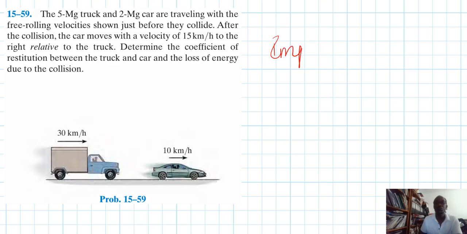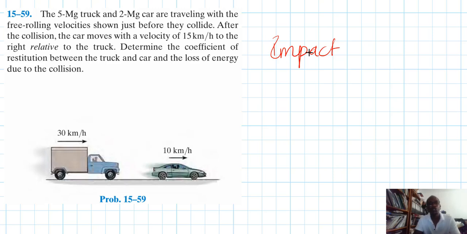So we are dealing with what we call impact, and this occurs when two objects collide with each other over a short period of time. As a result, it creates relatively large impulsive forces that act between these particular objects.